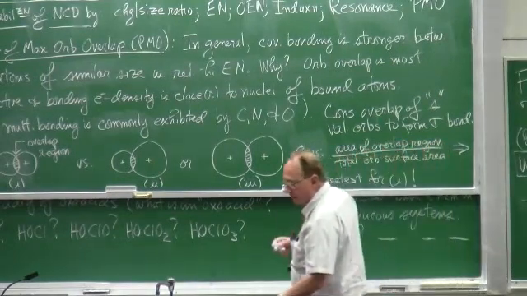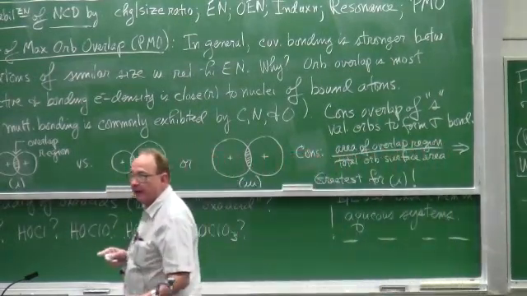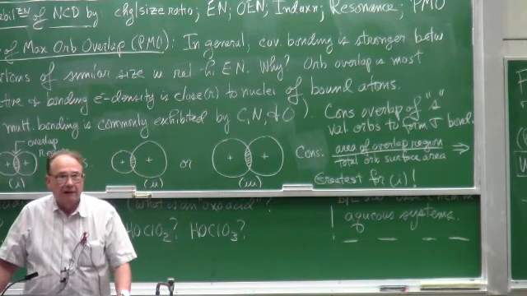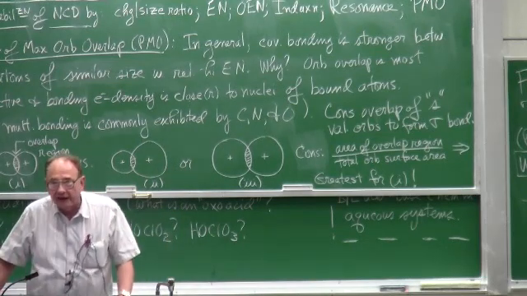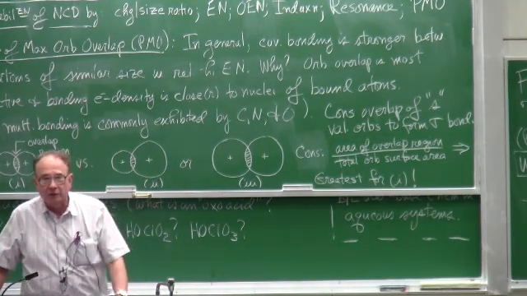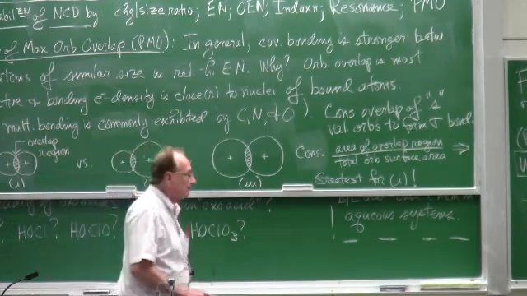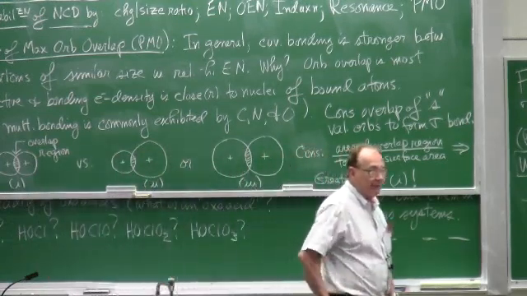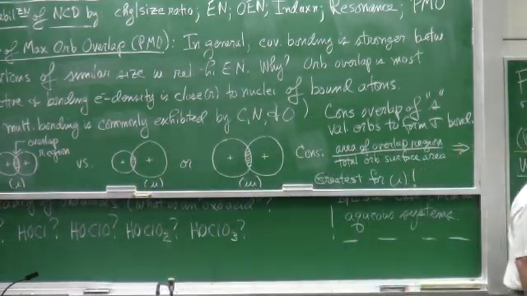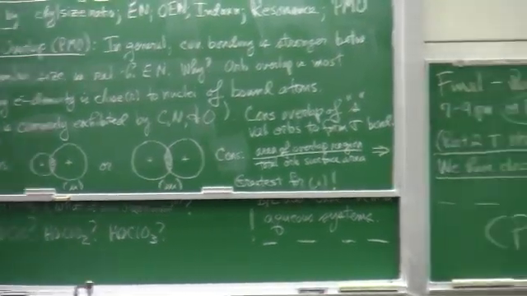In this instance, we get a greater degree of overlap of the valence orbitals, which overlap with each other to provide a parking place in space for the bonding electron pair.